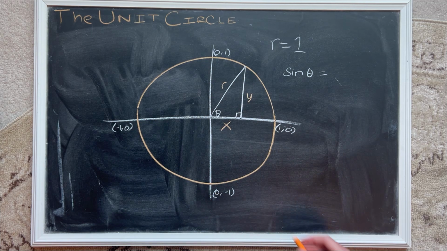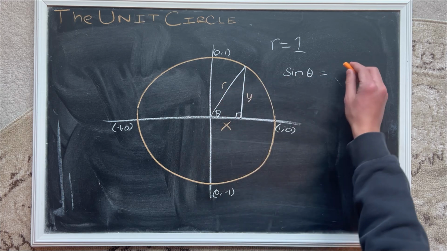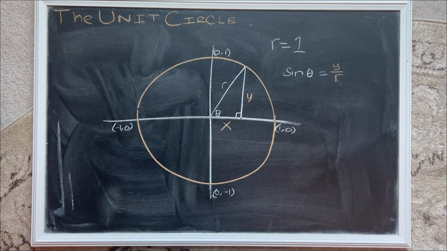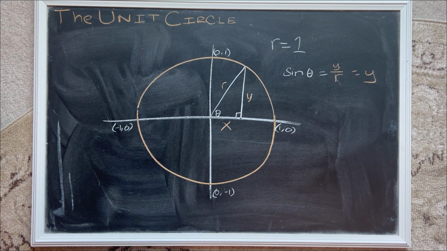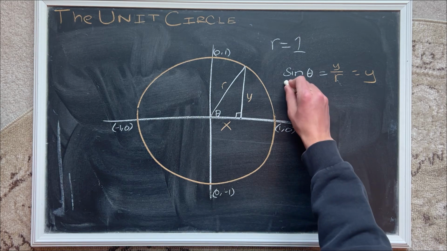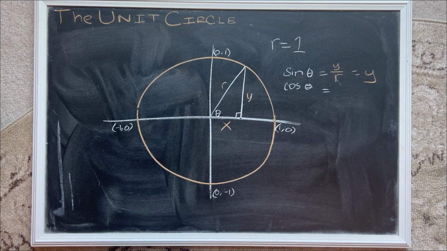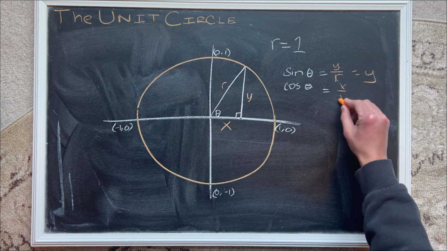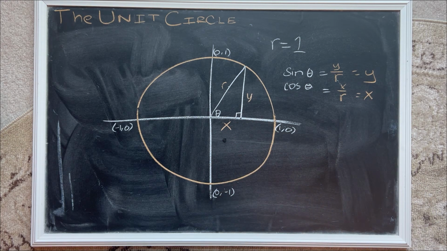So sine would now be, instead of opposite over hypotenuse, y over r. And then on the unit circle, it's actually equal to just y, because the radius is 1. So cosine of an angle is equal to x over r, instead of adjacent over hypotenuse, or just x when we have a radius of 1.